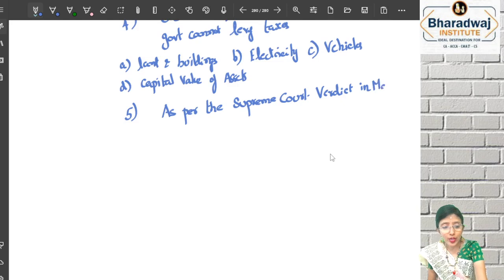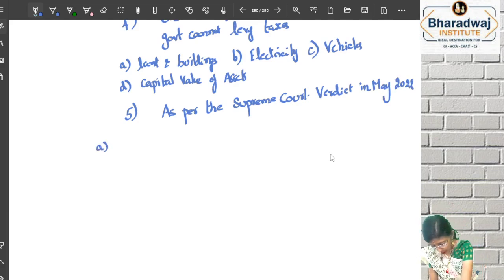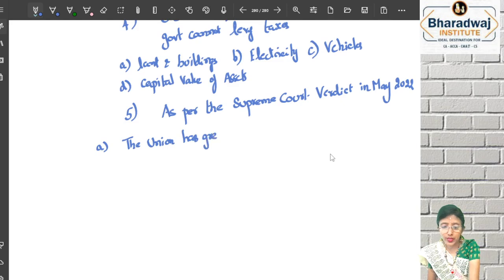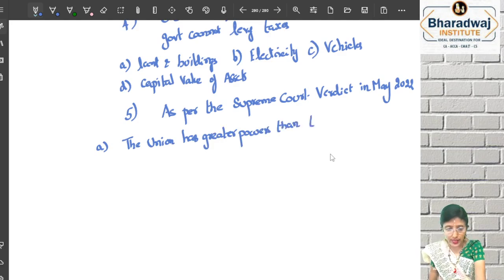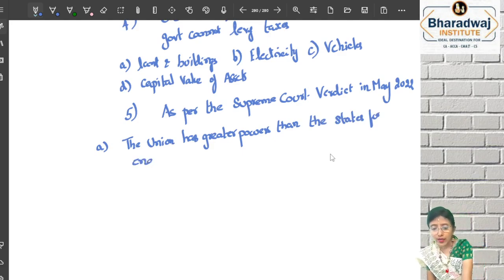As per the Supreme Court verdict in May 2022, the union has greater powers than the states for enacting GST laws.